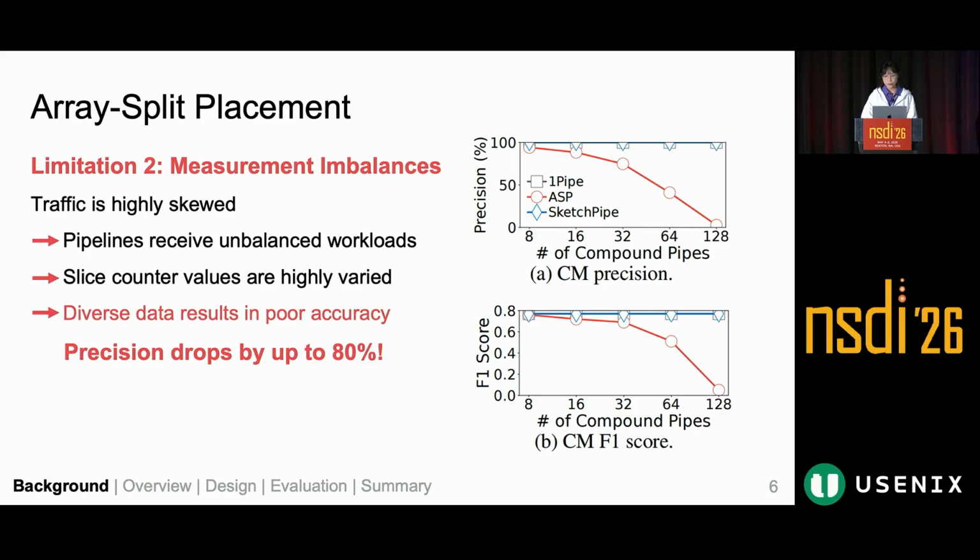Their counter values become highly unbalanced. When we aggregate these slices to detect heavy keys, the results become inaccurate. In the experiments, the precision of the array split placement can drop by up to 80%. So the core issue is that array split placement matches the hardware, but it breaks the statistical behavior of the sketches.